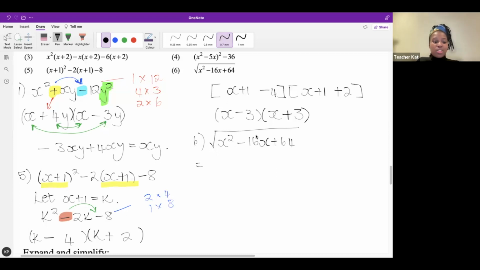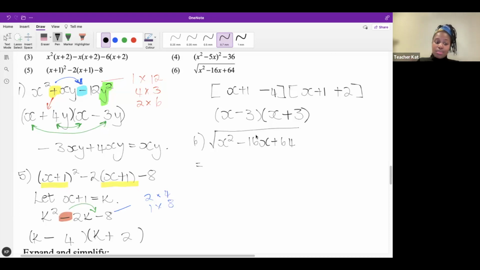Can I do anything with my square root right now? Can I do anything with that square root? Okay, Alice says yes. What can we do with the square root? Can we do anything as it stands, this question?